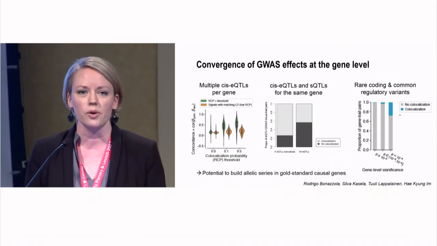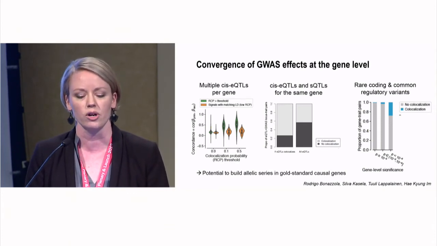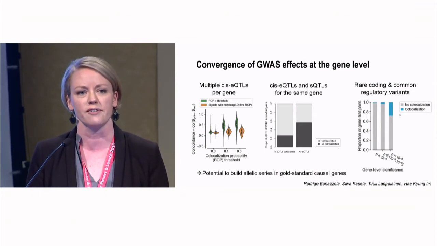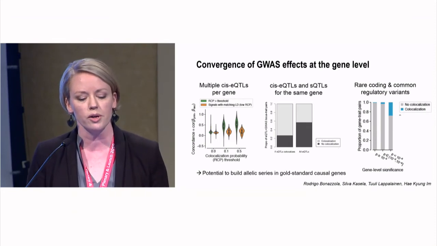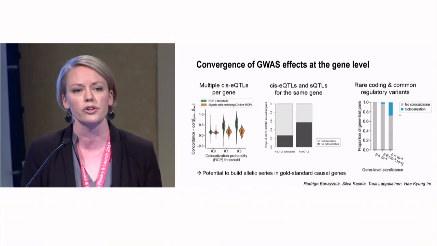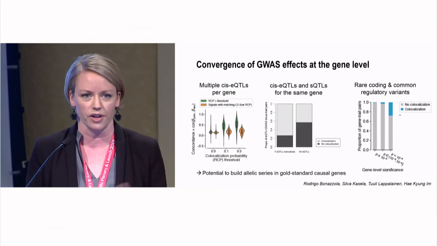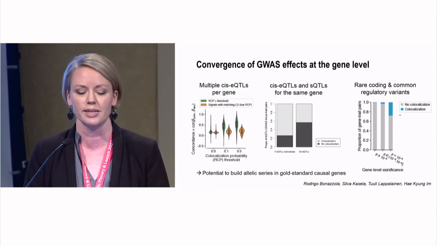One of the ways we can use that allelic heterogeneity and complexity to our advantage is to look at how regulatory and other types of genetic effects affecting the same gene converge at the GWAS level. When we look at multiple independent cis eQTLs affecting the same gene, we see that they tend to have concordant GWAS effects, suggesting that these multiple different perturbations of the same gene contribute to similar traits.